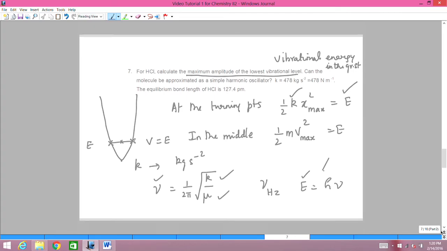And immediately you can write that this energy is half k x maximum square, giving you x maximum is square root of 2E by k. If k is known and E has been calculated, therefore x max can be calculated.